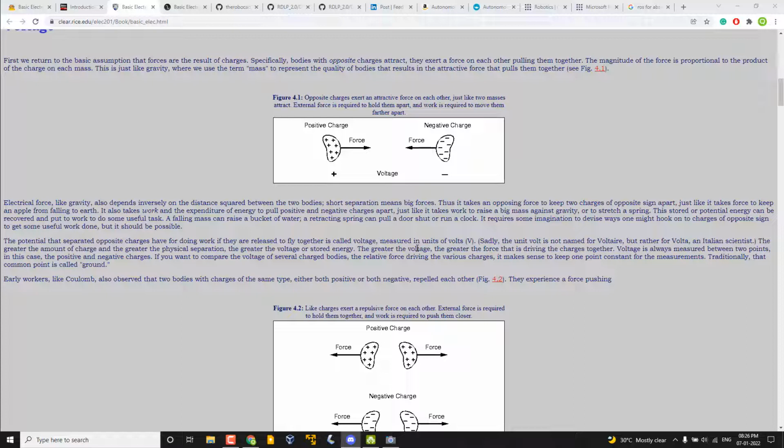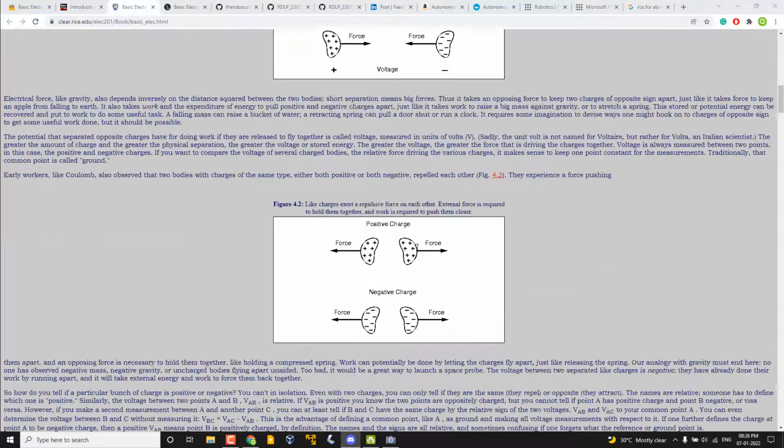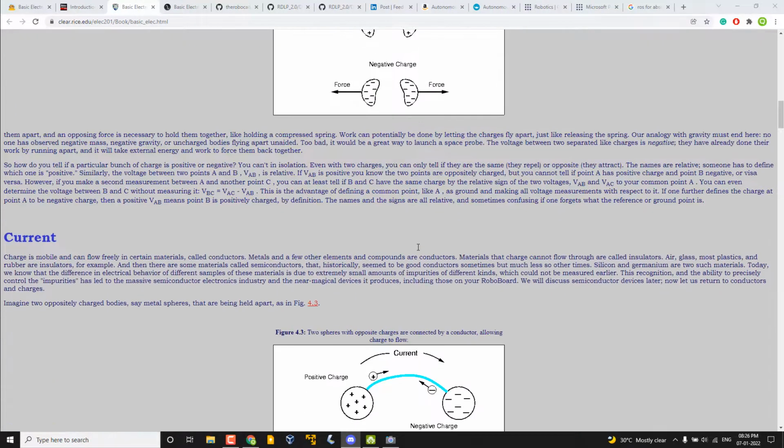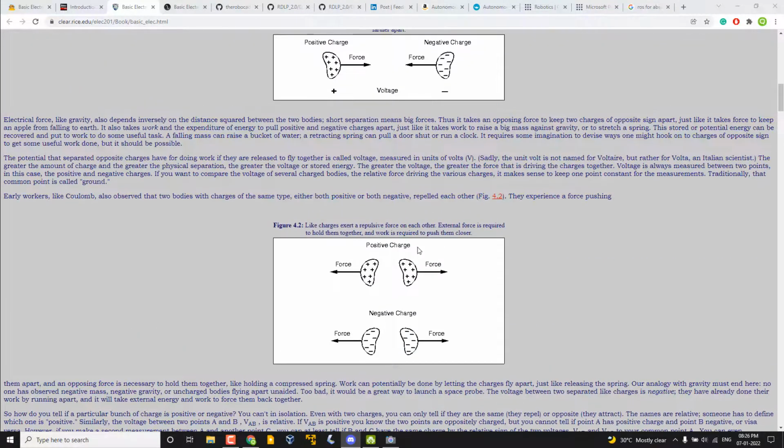Voltage is the potential difference between two points in an electric field, while current is the rate of flow of electrons. Yeah, makes sense. So what Archit is saying is that voltage is the potential difference of the charges, or the electrons, and the current is the flow of electrons or charges.